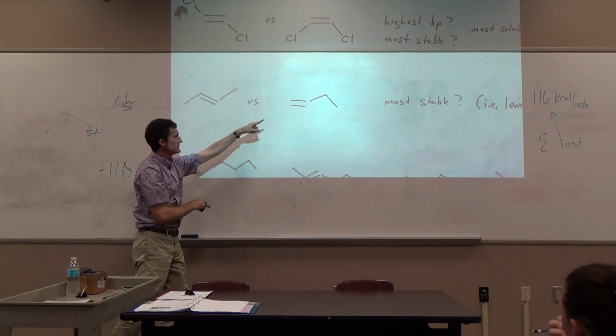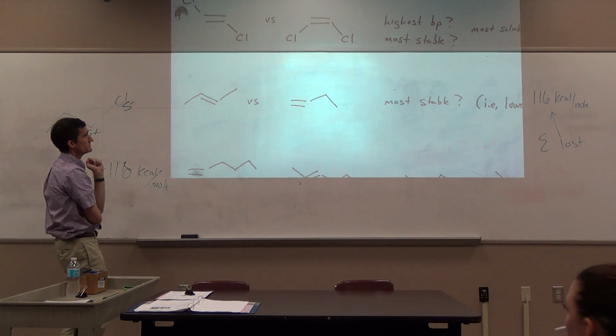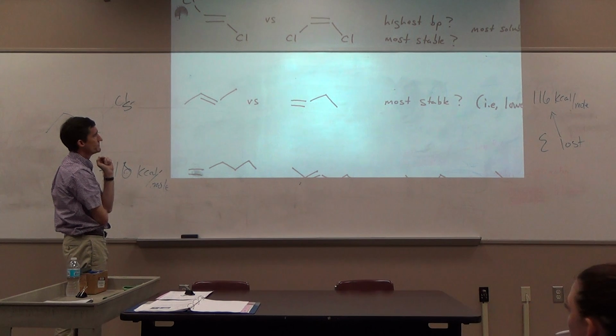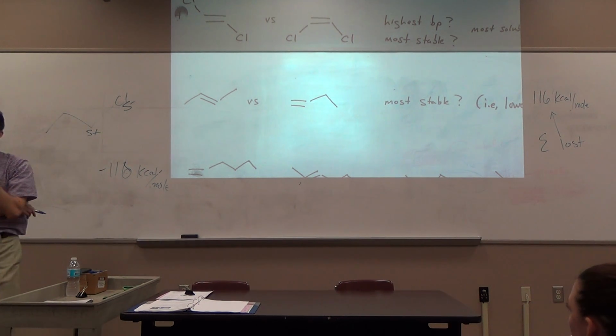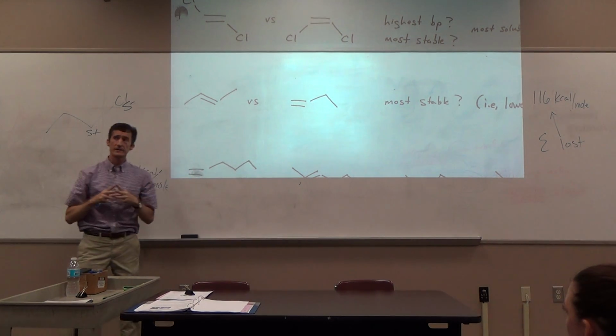What's the relationship between these two? These are constitutional isomers. They have different names. Which one's most stable? All right, this one's a little bit tougher. The take home here is, first off, these are isomers. They're both C4H8.